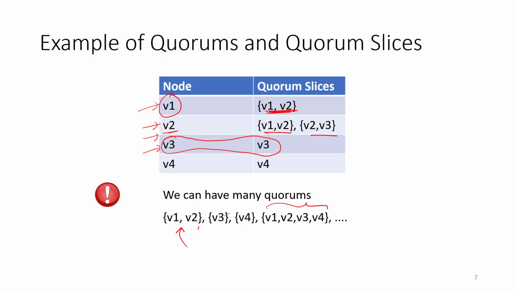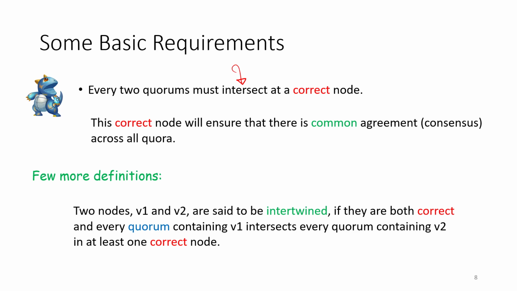As I have said, you can have a lot of quorums. You take any two quorums, Q1 and Q2. All pairs of quorums have to have a non-empty intersection. Furthermore, one of the nodes within that intersection has to be correct.